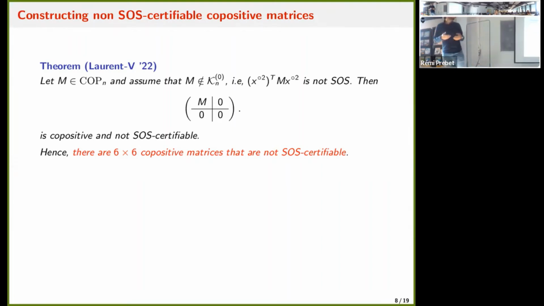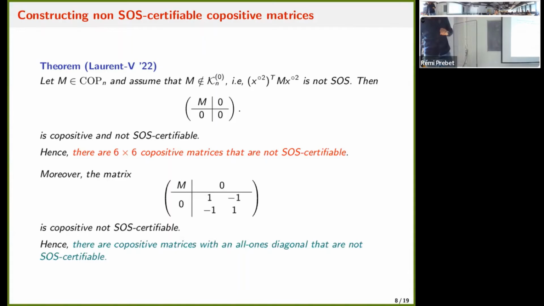So this is showing that there are 6x6 copositive matrices that are not SOS certifiable, for example, by taking M equal to the Horn matrix. And moreover, we can show that the direct sum of M with the matrix with entries 1, minus 1, minus 1, 0 is also a copositive matrix and not SOS certifiable. So this is showing that there are copositive matrices with an all ones diagonal that are not SOS certifiable for n at least 7.